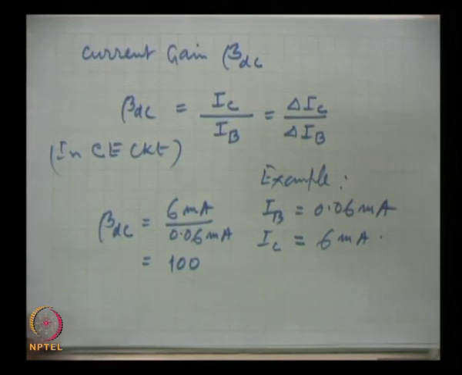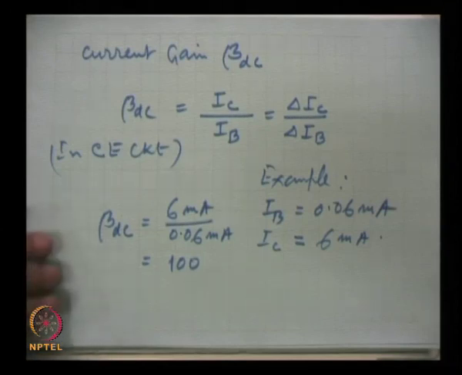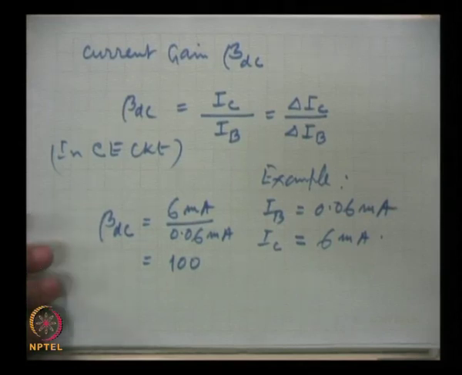Beta is very high, and normally for the commercially available transistors, we will see that beta is one of the most important parameters for a transistor. In all analysis, beta will be there.